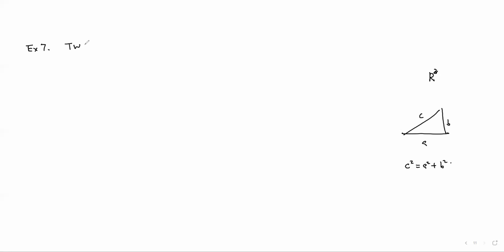Two vectors u and v in Rn are orthogonal if and only if the Pythagorean formula holds.